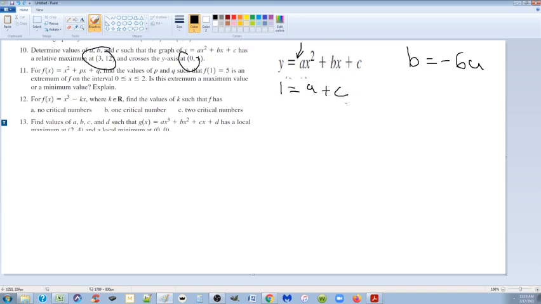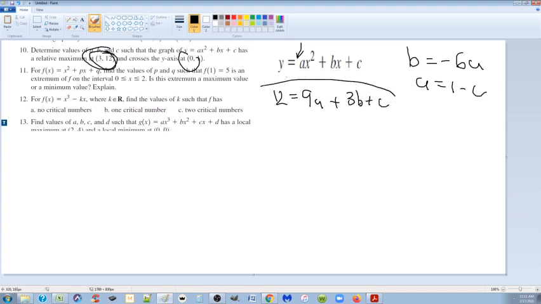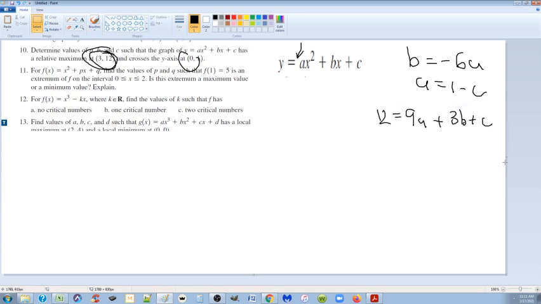Because that becomes 0, we also know that c is equal to 1, a is equal to 1 minus c. So that's the second bit of information you have. And finally, the third bit of information you have is that when y is 12, x is 3. And therefore you have a third equation. And when you have 3 missing variables and 3 equations, you can solve it.